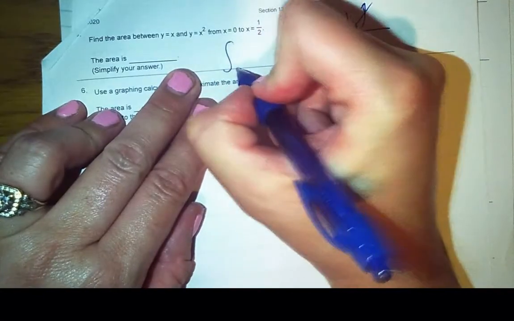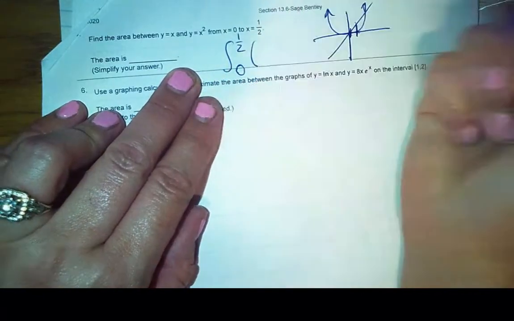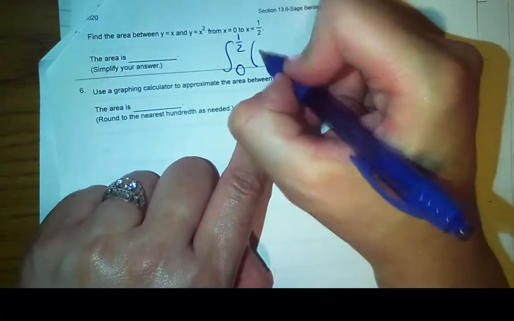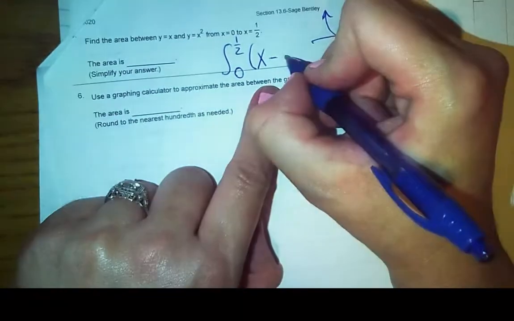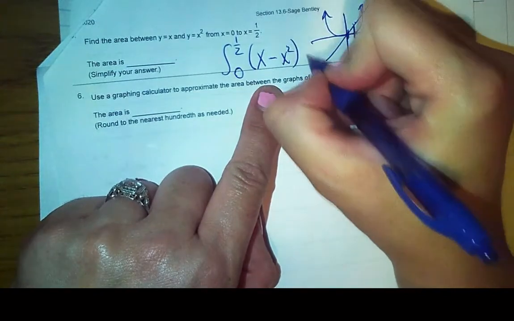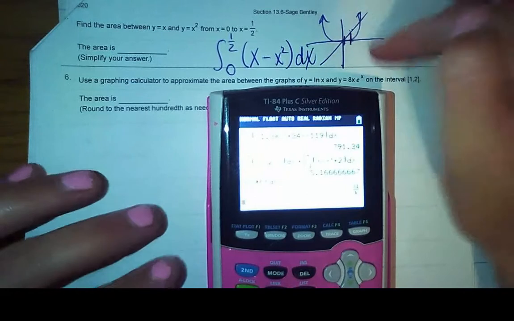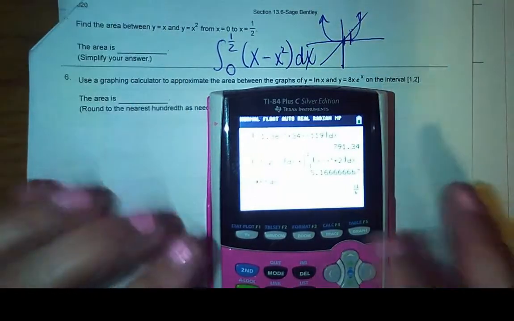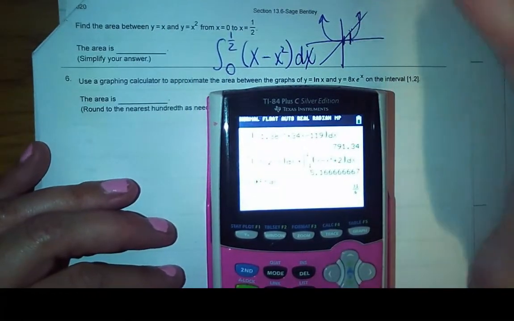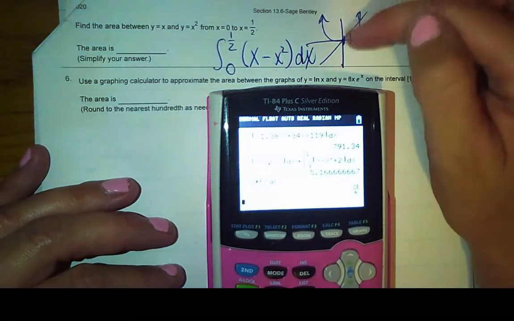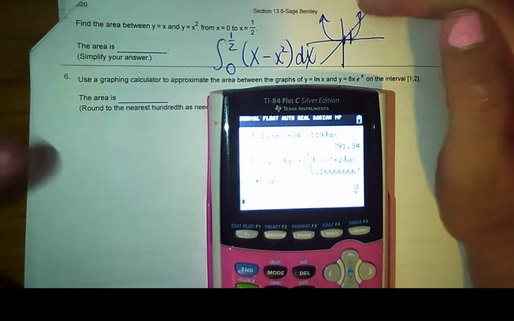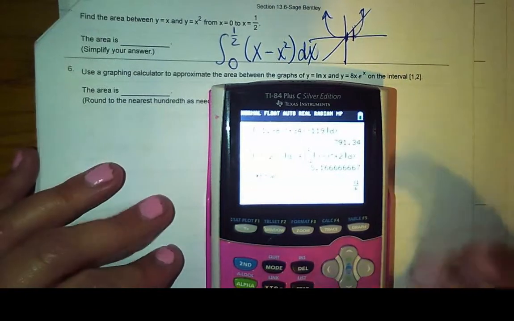So my limits of integration are from 0 to 1/2 of the line on top minus the parabola on the bottom dx. If you just know the basics, we didn't have to figure out anything weird because there weren't two different setups. The entire area that I'm interested in has the line above the parabola.